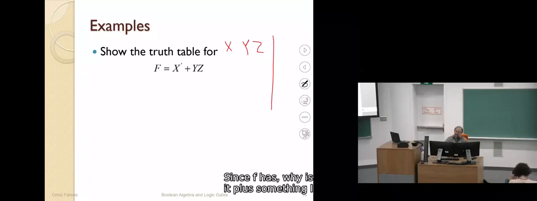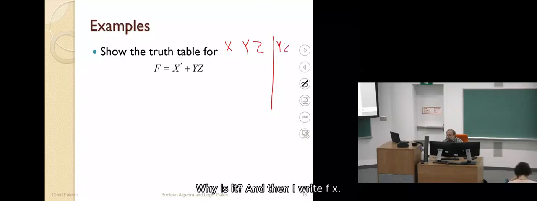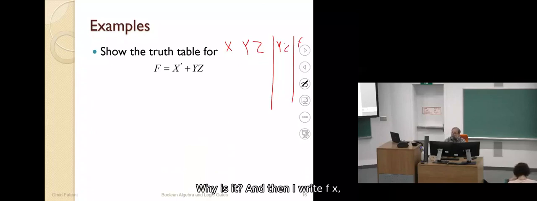Since f has yz plus something, before writing the final f, I write yz and then I write f. Okay, so x, y, z are inputs. We have 2 to the n possible combinations of x, y, z.